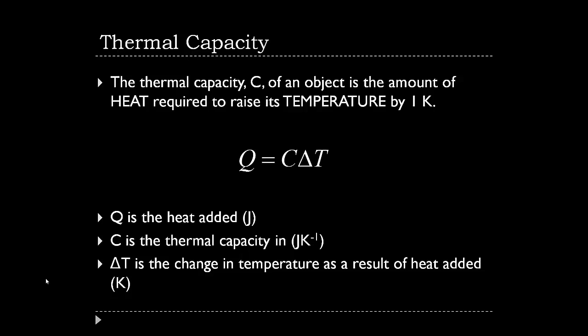And so what this equation basically says is that if we have an object with a small thermal capacity, then it only takes a little bit of heat to raise the temperature by some amount. Whereas if we have an object with a greater thermal capacity, then it takes more heat to achieve the same change in temperature.